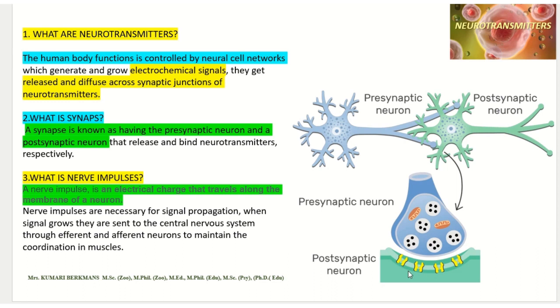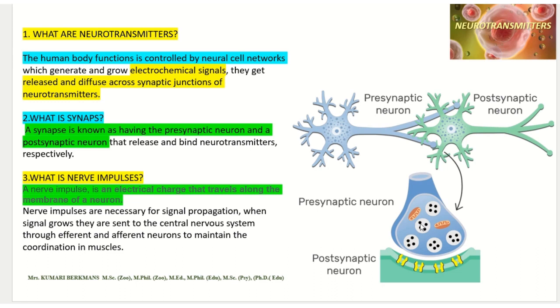The receptors present in the plasma membrane or neurolemma receive the neurotransmitters, and the neurotransmitters pass from this area to the inside of the postsynaptic neuron. These particles, or electrochemical signals, are called neurotransmitters.